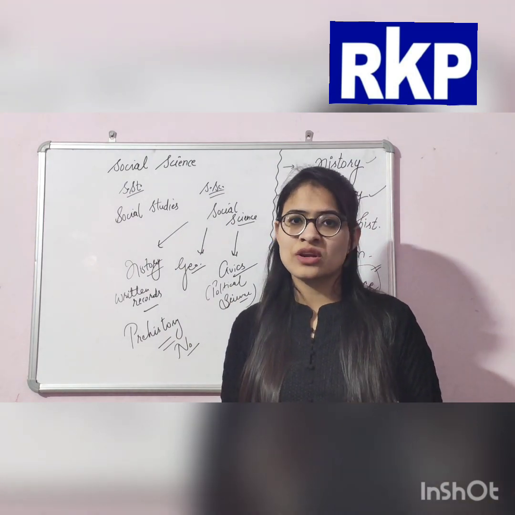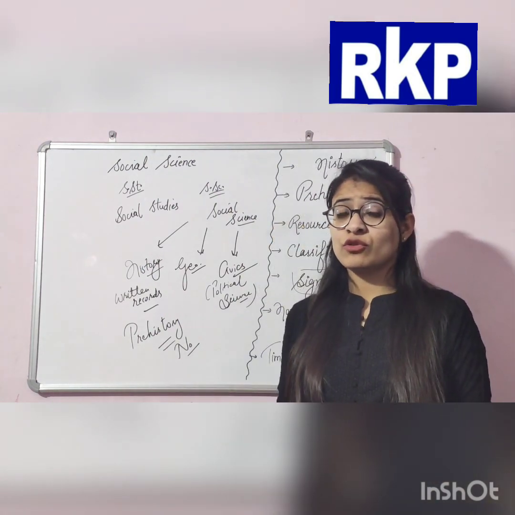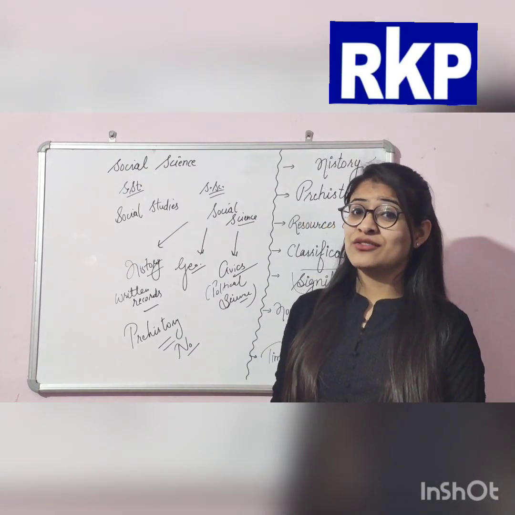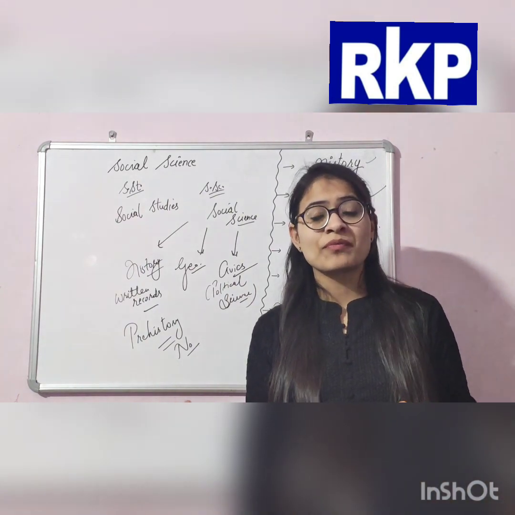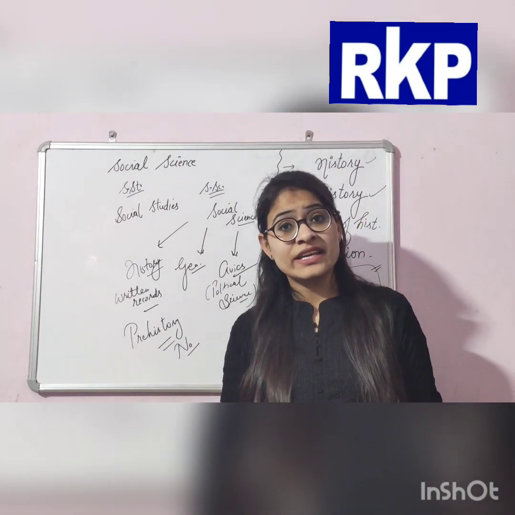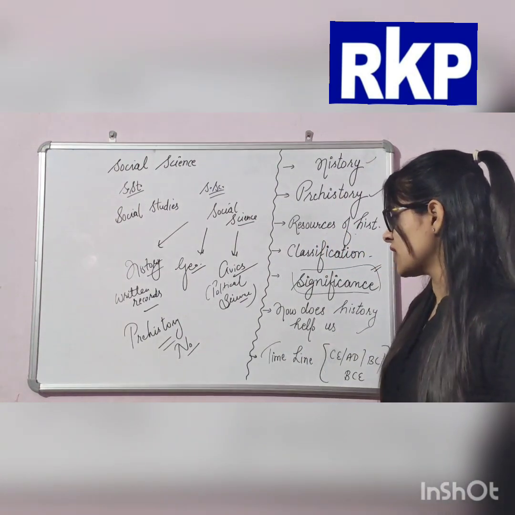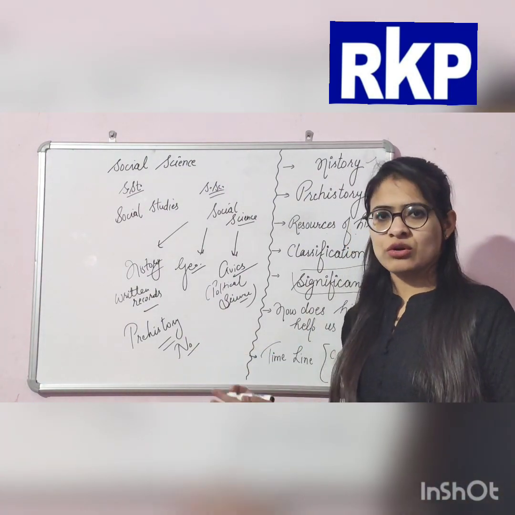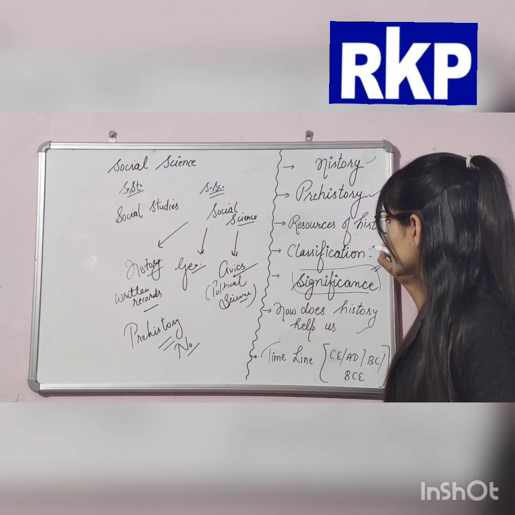A way to live, the way in which people were living at that time, what customs they were following, what dresses they were wearing, what type of food they were eating, and the religions followed by them. So these things are included in significance and how history helps us. Clear? Then we are coming to our next topic, that is classification.